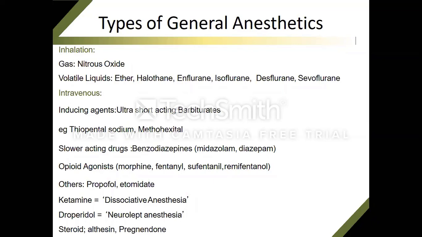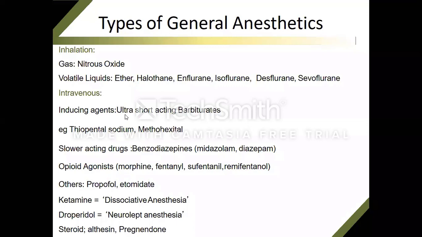The general anesthetics which are given by the intravenous route can again be classified into two categories depending upon their duration of action. First is the inducing agent, for example an ultra short acting barbiturate like thiopental sodium or methohexital. Then there is the second category, which is a slower acting drug like benzodiazepine.